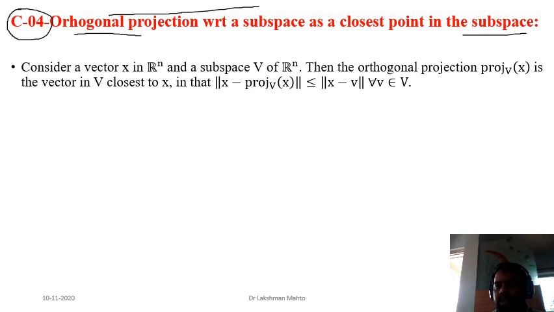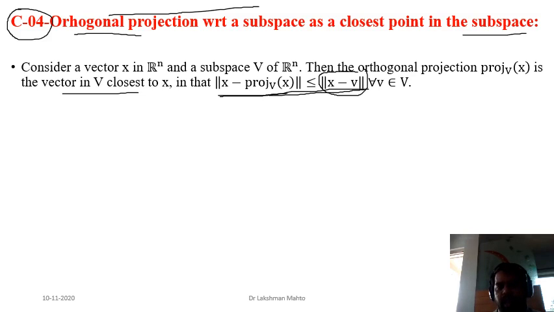Then the orthogonal projection of x is the vector in V that is the closest point to x in V. In algebraic form, the norm of x minus v would be least for v in V when v is equal to the projection of x.